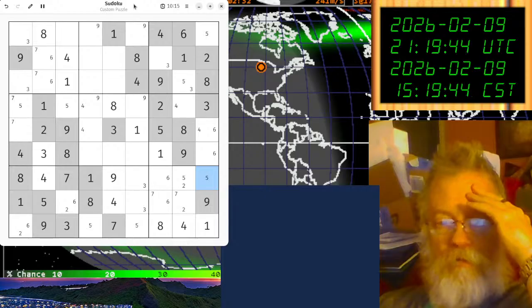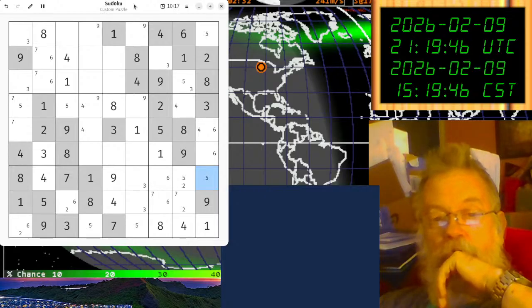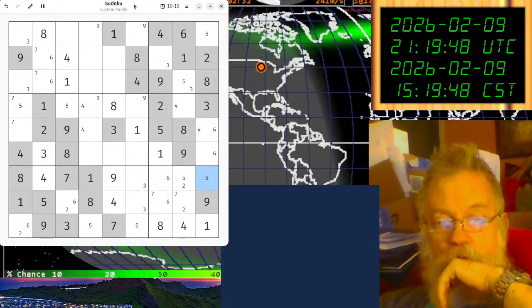And this one looks like it's going to be a 5. I can verify that. We got a 1 already. 2, 3, 4. 5 or 3 it might be. Now, one of these two is going to be a 6. 7, 8, and 9. So yes, this is 5, not a 5.